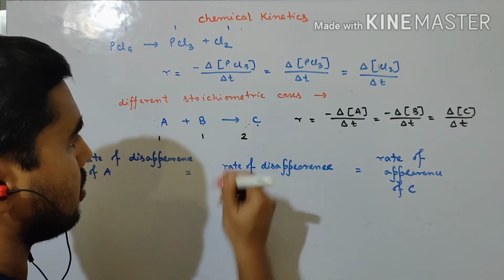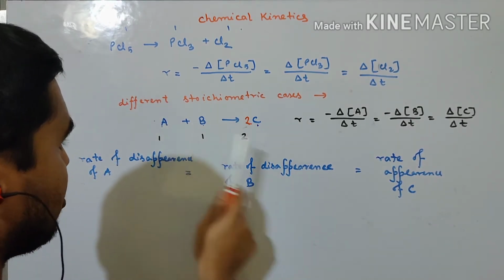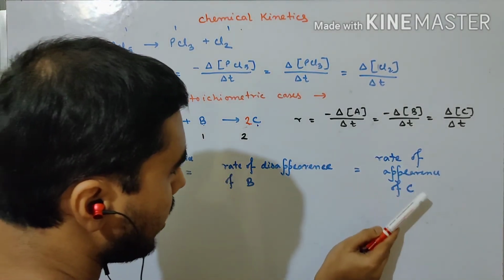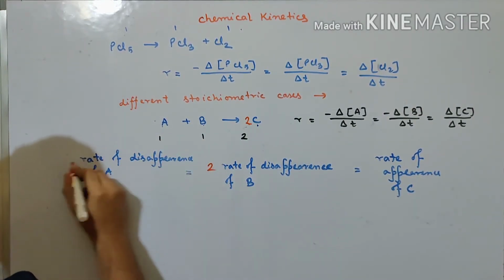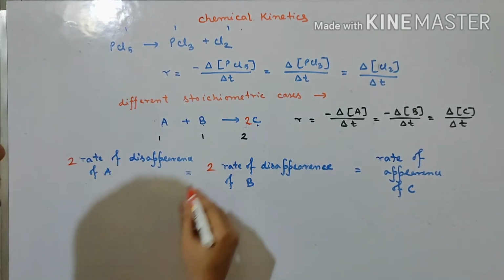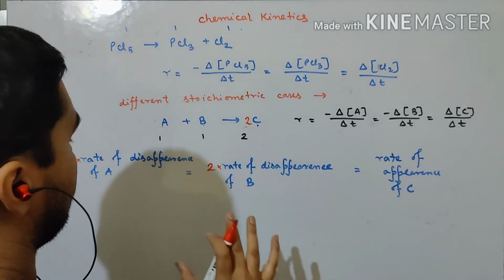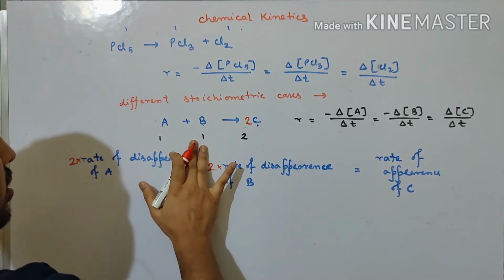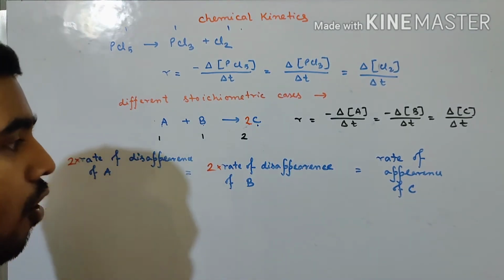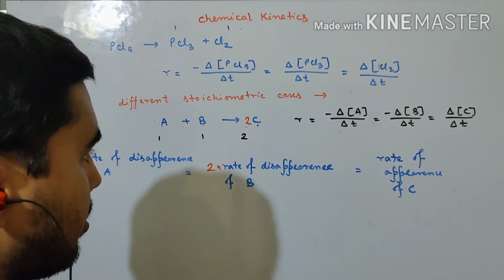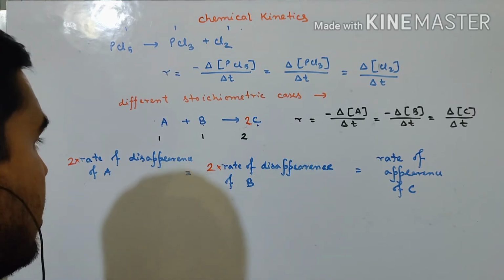But when there is a molar coefficient of 2, these two will be the same, but the rate of appearance of C should be twice the rate of disappearance of B, and twice the rate of disappearance of A also, because the quicker B disappears, C will obviously form at a much faster rate. So the rate of appearance of C should be twice the rate of disappearance of B.